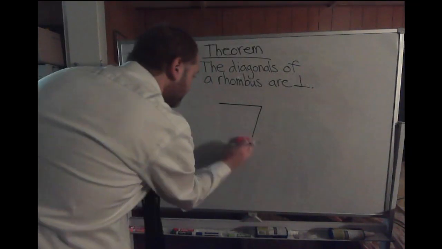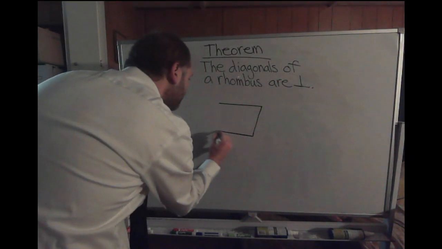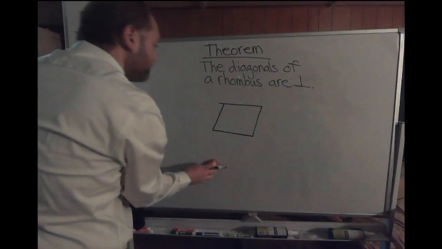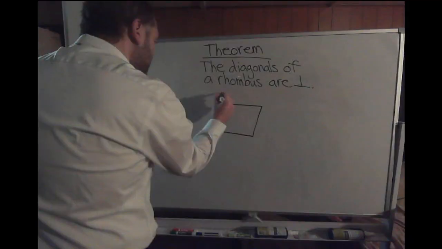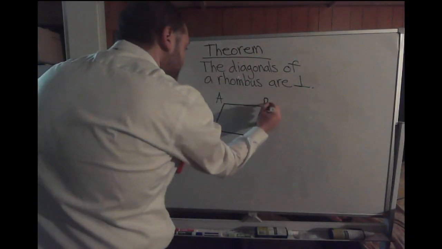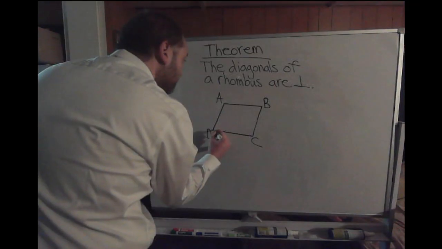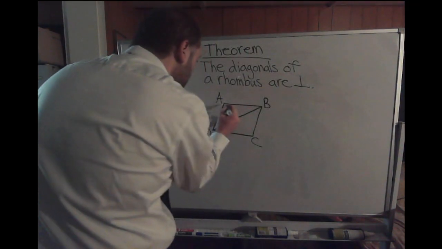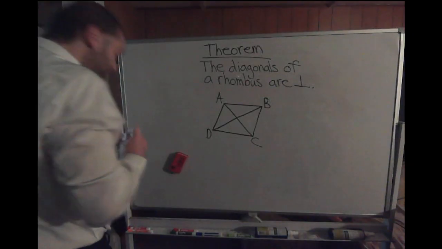Oh, that's definitely turned into a parallelogram, just a general one. I don't quite want to do that. Let me draw the best rhombus I can. I'll even name this one A, B, C, and D. Let me draw my diagonals here.